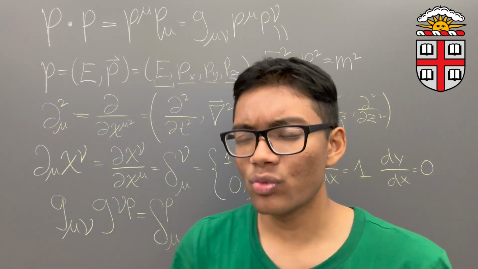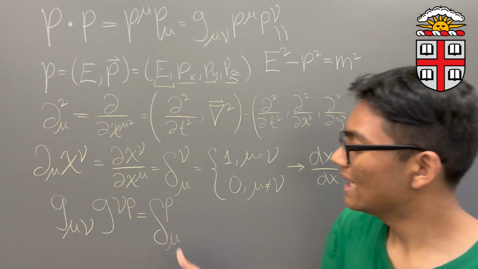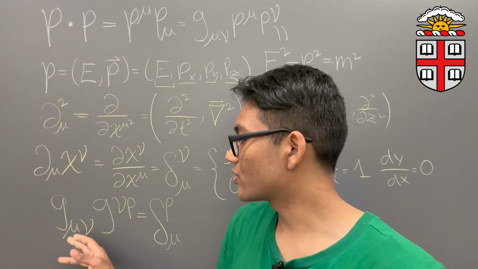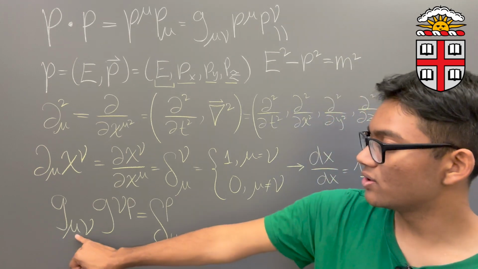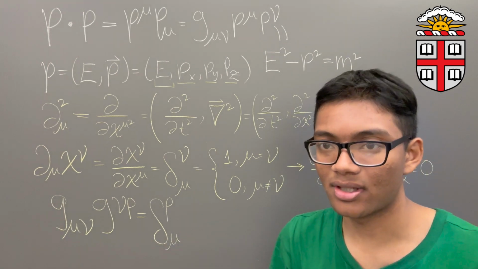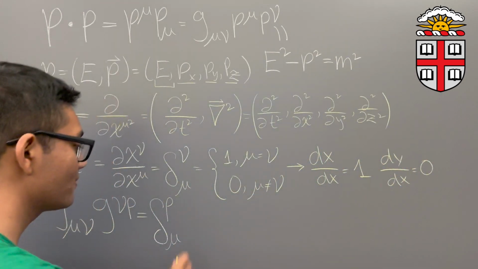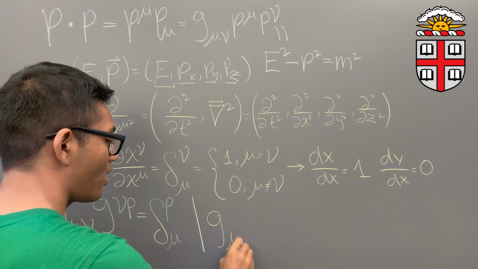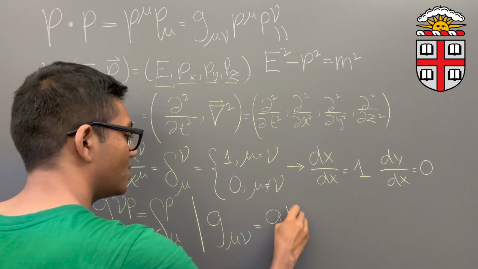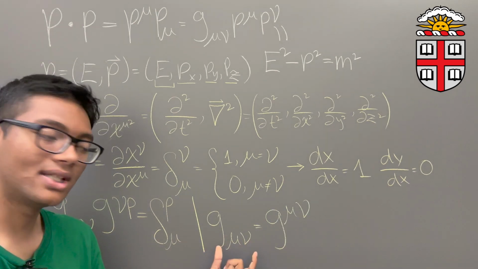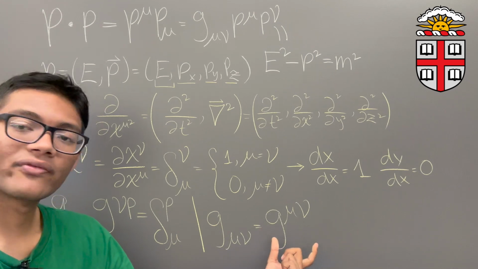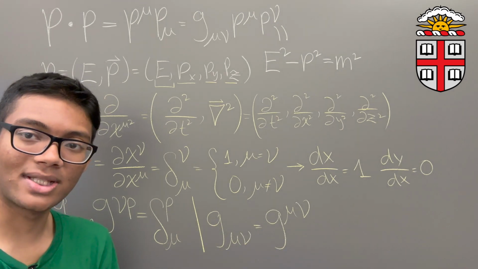Why does this make sense? Well, this is actually a definition. It tells us that this spacetime metric with the contravariant components is inverse to this spacetime metric with covariant components. Now, that being said, g mu nu with covariant components for the spacetime metric is equivalent to the contravariant components for the spacetime metric.